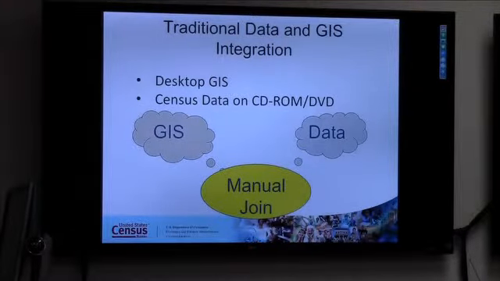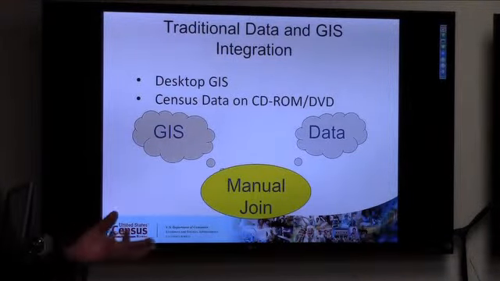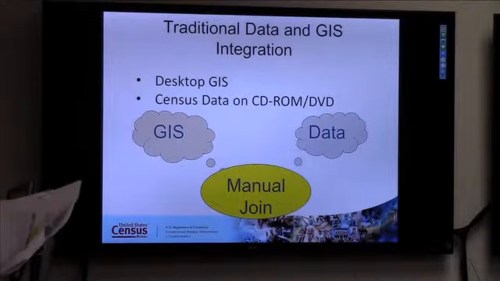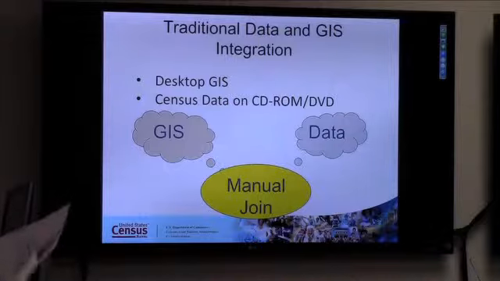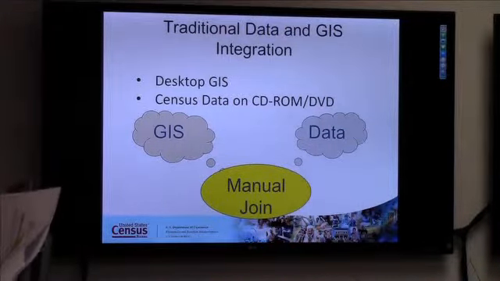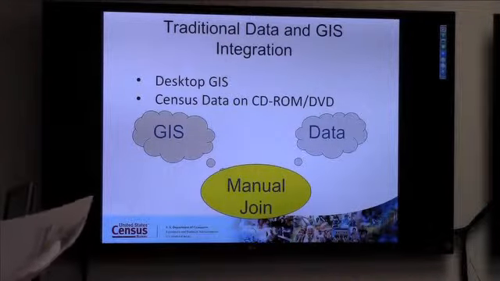In the past, if you were doing some kind of demographic analysis, you had to manipulate those data sets separately and then join them with your desktop system. That was often a frustrating process, which I demonstrated yesterday if any of you attended the workshop we did on merging census data with Tiger data inside desktop GIS.